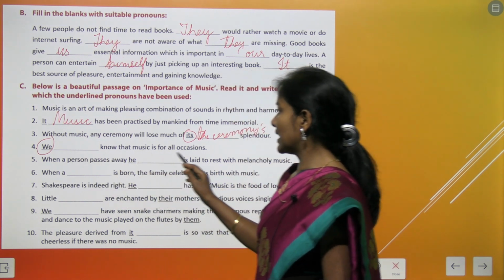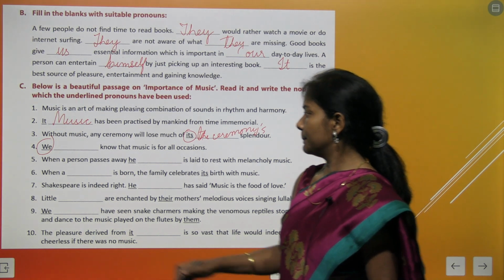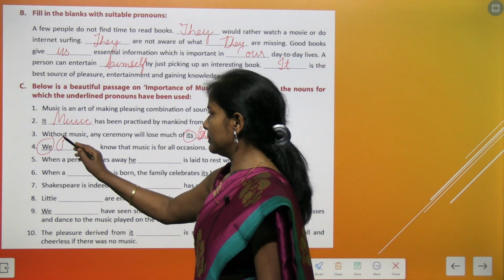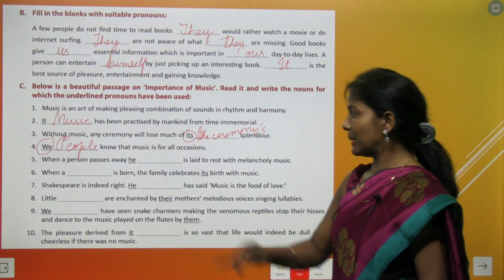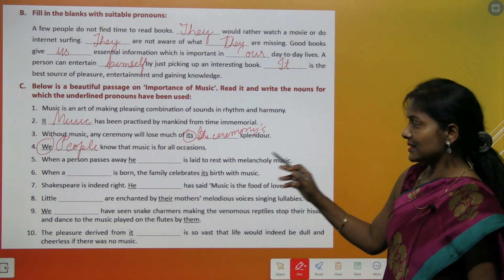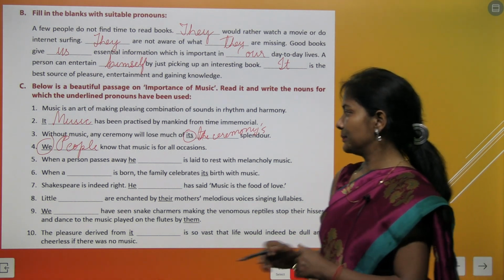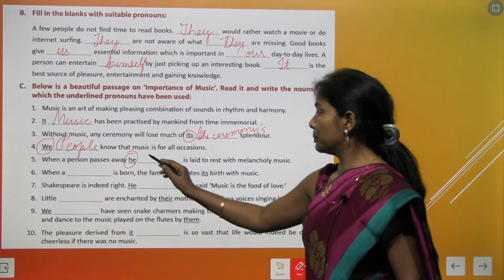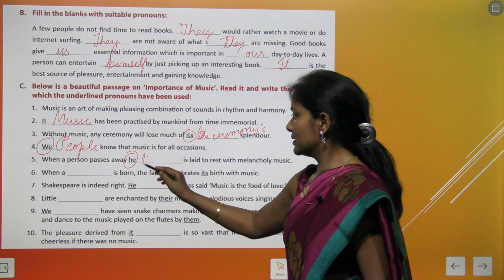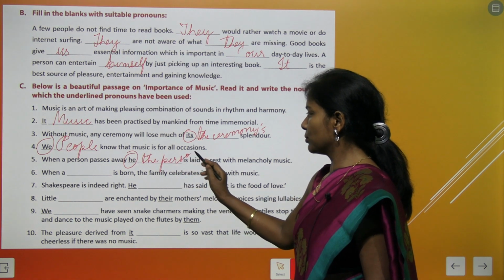Everyone knows that music is for all occasions. Okay? People know. When a person passes away, he is laid to rest with melancholy music. When a person passes away, again, the person is laid to rest.